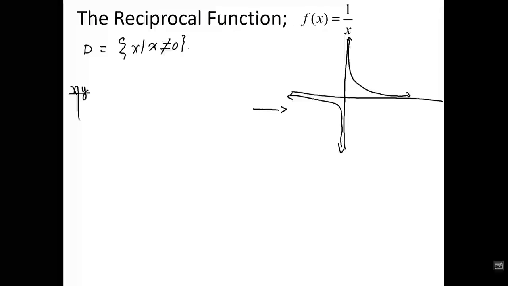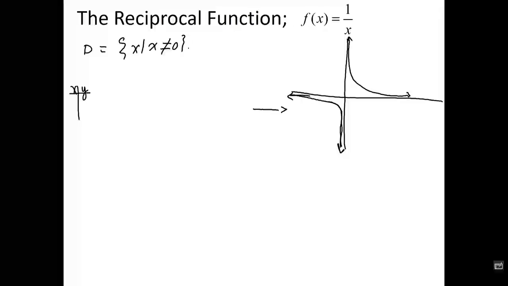Well, as x approaches 0 from the left, the function values tend to be what? Decreasing. The values are decreasing without bound. How do we write this? How do we symbolically represent that?